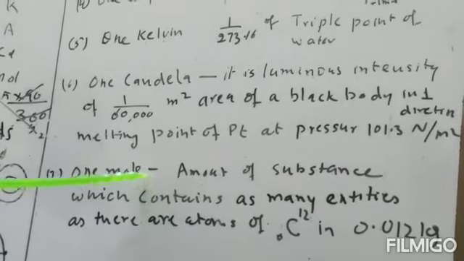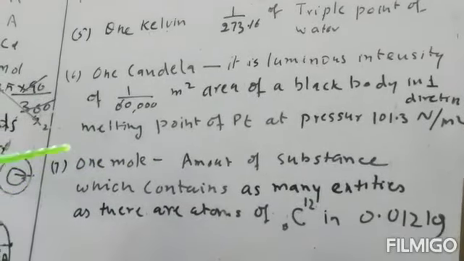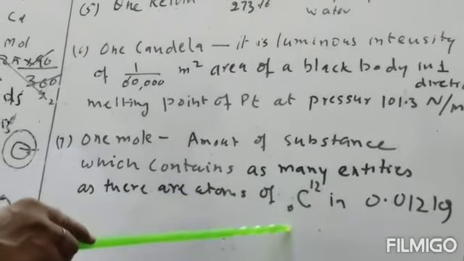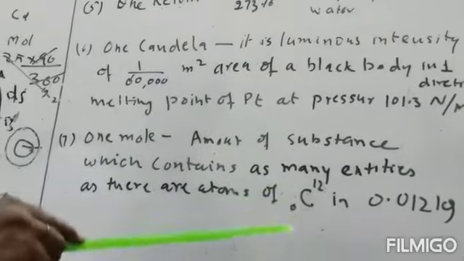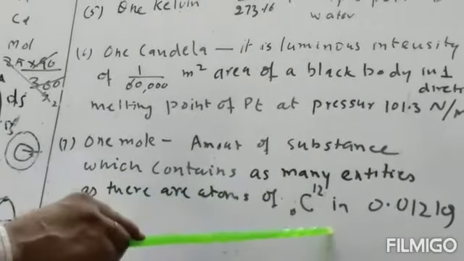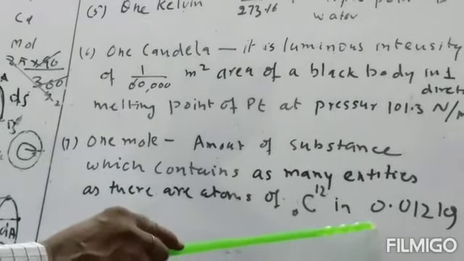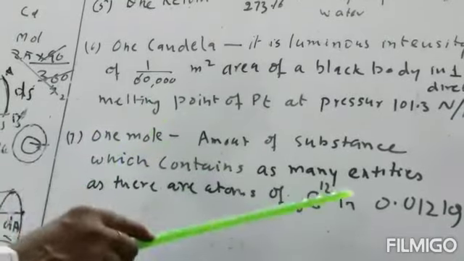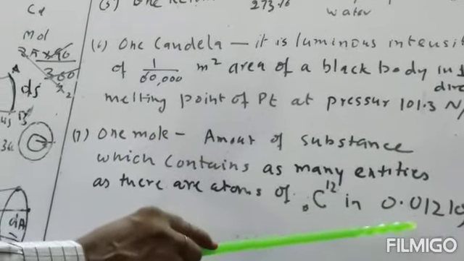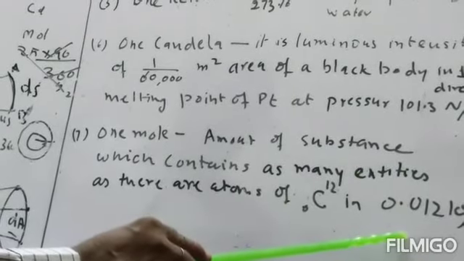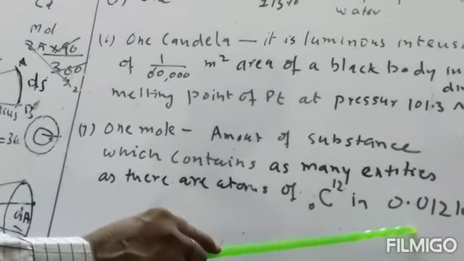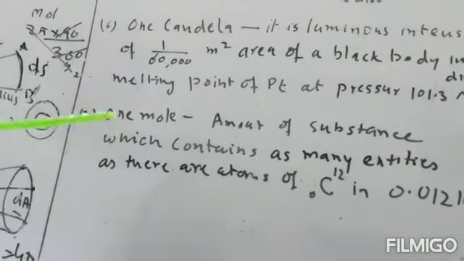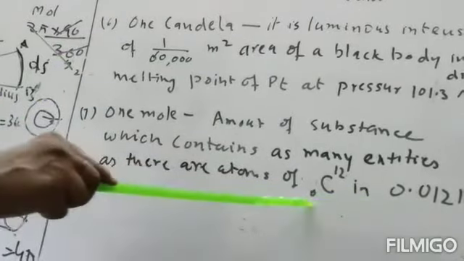Now if we take the case of carbon 12, then the number of atoms in 0.12 kilogram of carbon 12 is equal to one mole. So here we define it for carbon.